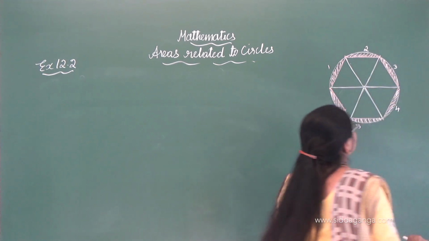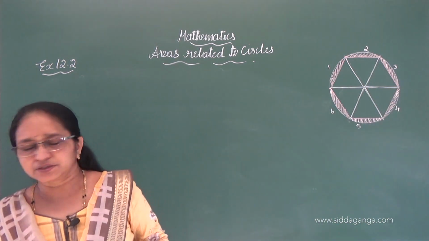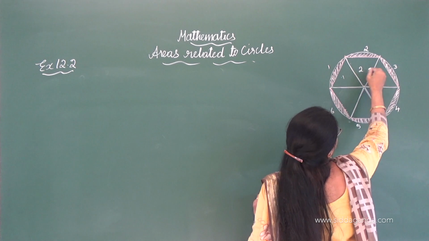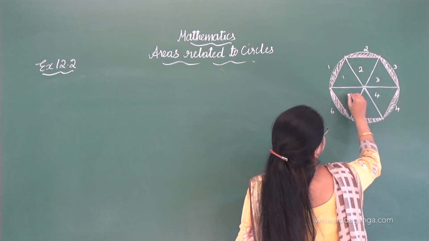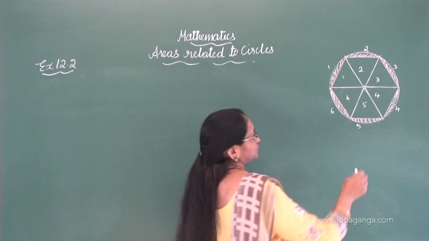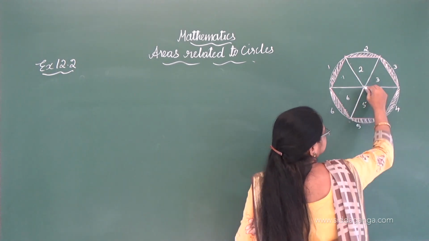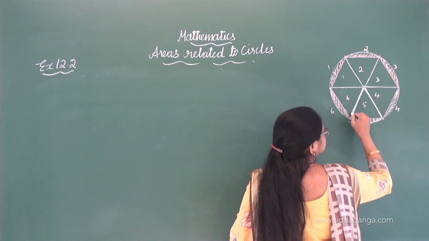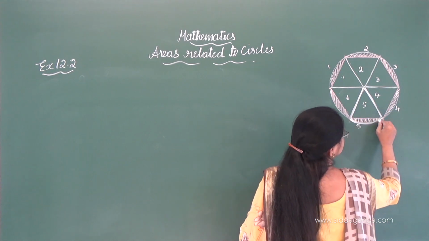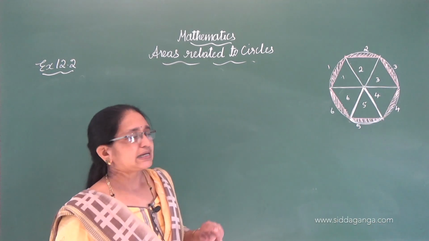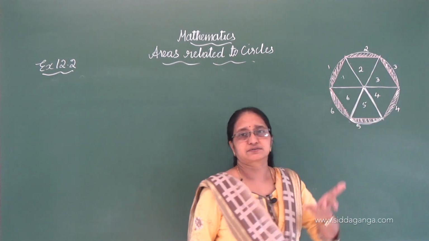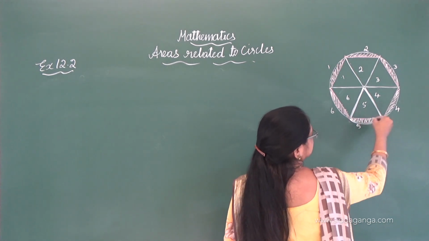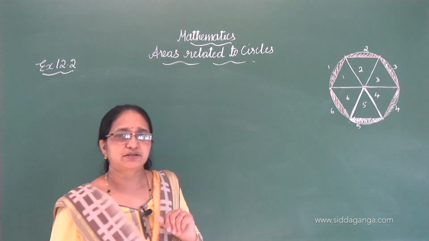See here, when you draw the diagram, it will be divided into 6 triangles, correct? And just observe only one part. See, this part you observe. What is this? It's nothing but a sector, and the design is nothing but a segment.